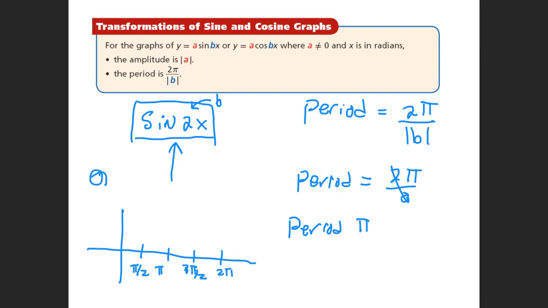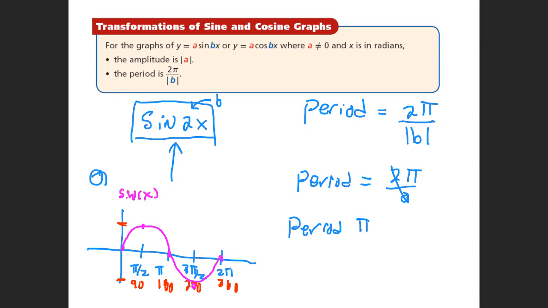Or if I was using degree measures, I'd say, okay, this is 90 degrees, this is 180 degrees, this is 270 degrees, this is 360 degrees. So this is 1, this is negative 1. A normal sine graph would look like this. It would start at 0. I'm going to put a few values in here. It would start at 0, go up, down, and then it would repeat itself. That's a normal sine graph. This is the graph of sine of x.